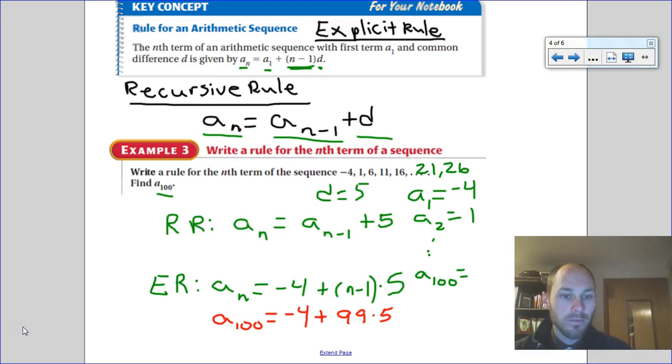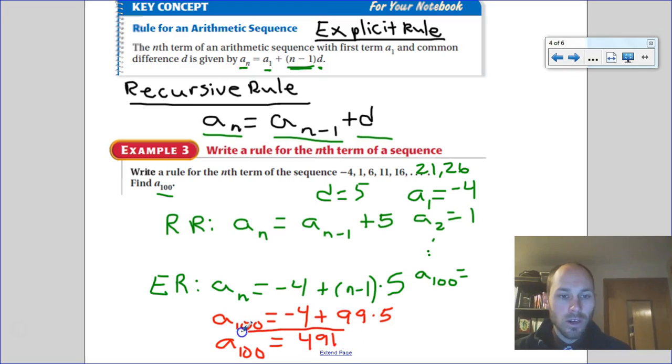Pull out your calculator and figure out what the 100th term will be. Maybe you don't need your calculator for that. Maybe you can solve that mentally. 99 times 5? Well, I know 100 times 5 is 500, so I want 1 less. So it's going to be 495, plus -4 will give us 491.